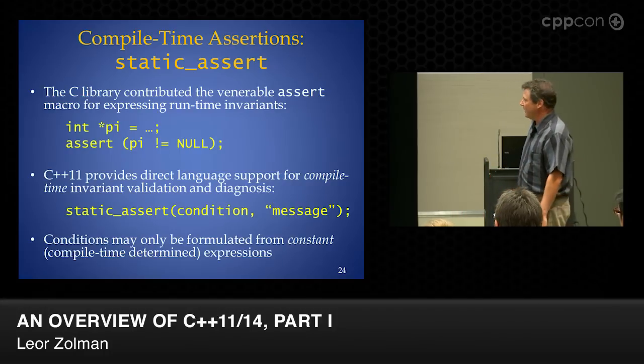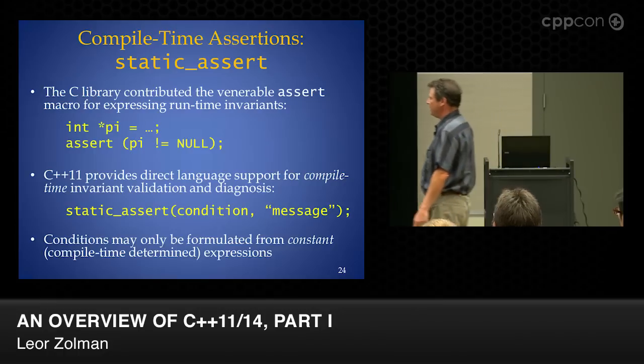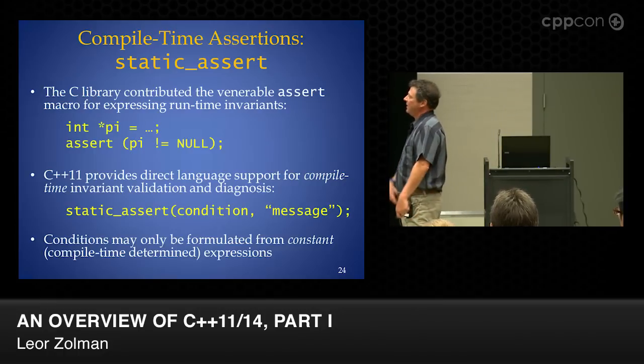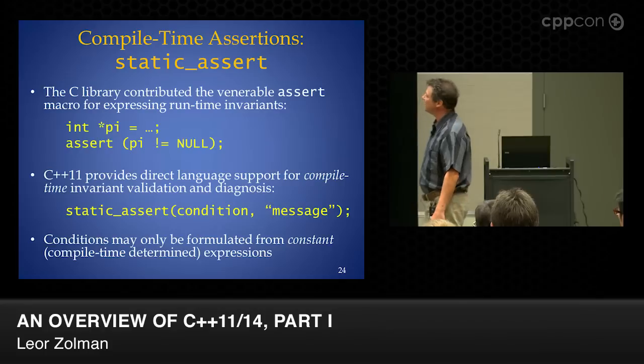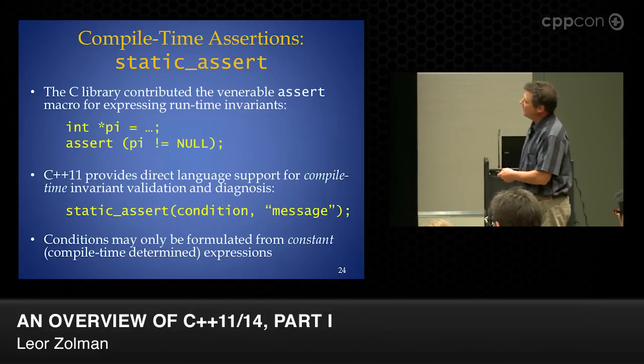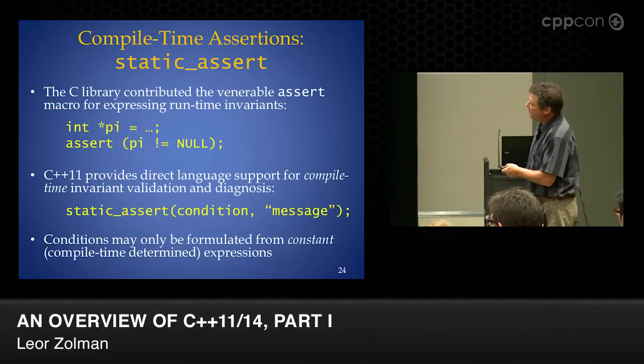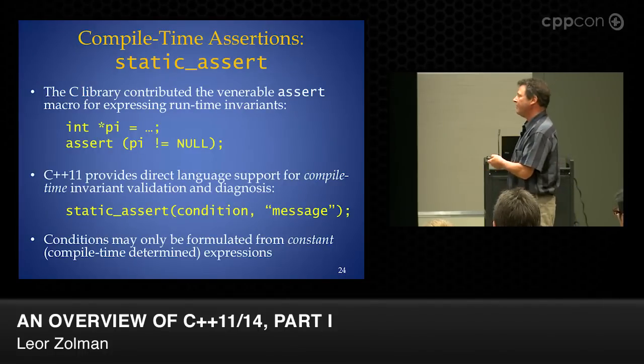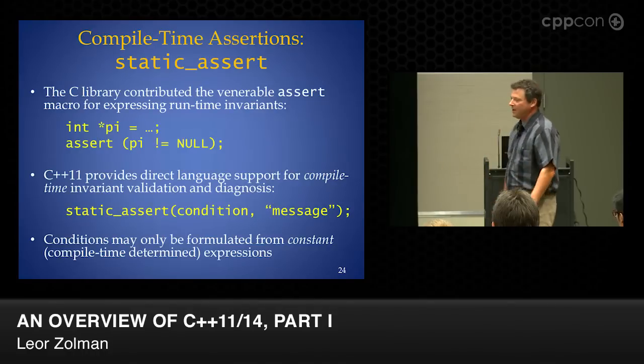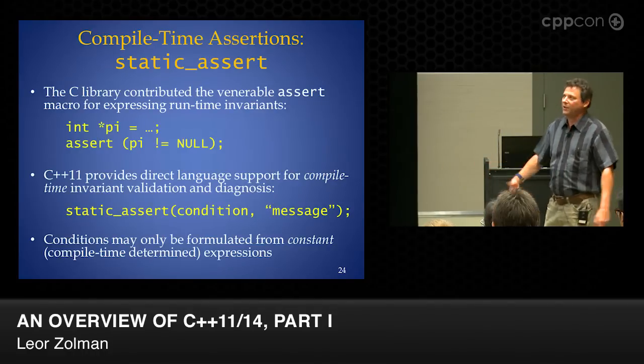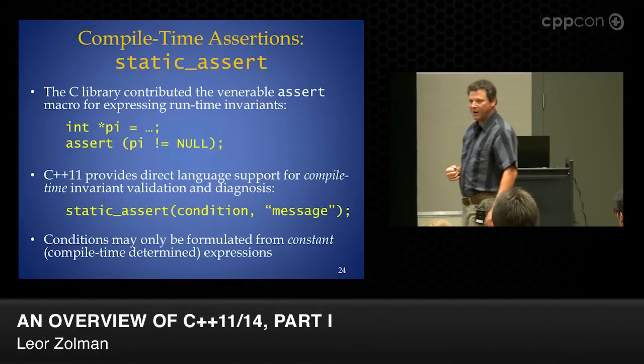So things like constants, symbolic constants, and constexpr expressions, which we haven't talked about yet, can go here. If the compiler reaches this point and the condition is true, it's a no-op. If it's false, it spits out a fatal error at that point. But then it keeps compiling.